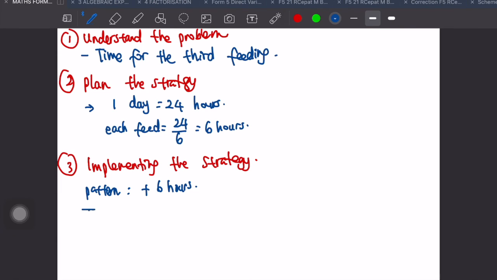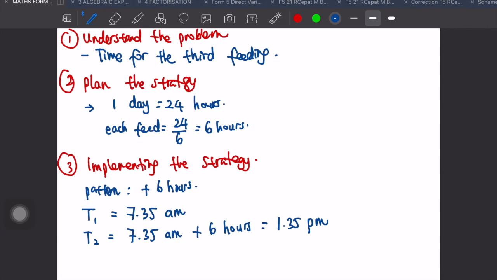So the first feeding, or the first term, is at 7:35 a.m. The next feeding, the second term, what you need to do is 7:35 a.m. plus 6 hours. So you will get 1:35 p.m.